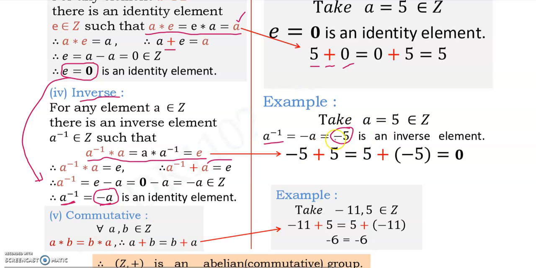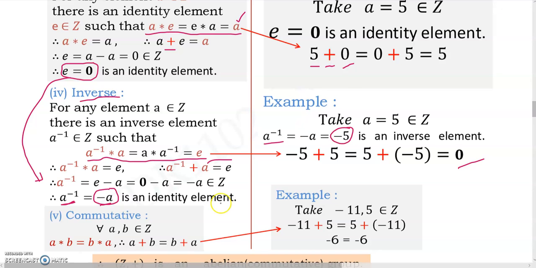So how to check whether the inverse is correct? This is the condition for inverse. So now you apply the condition, A inverse star A equal to A star A inverse is equal to E. Now here A inverse is minus 5, plus 5. When you operate the inverse element with the element, you will get the identity element.